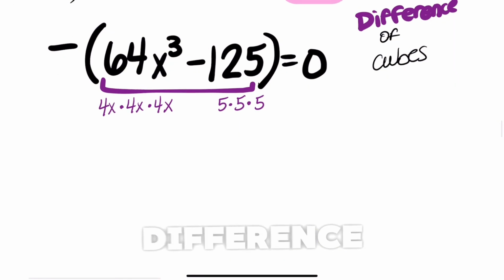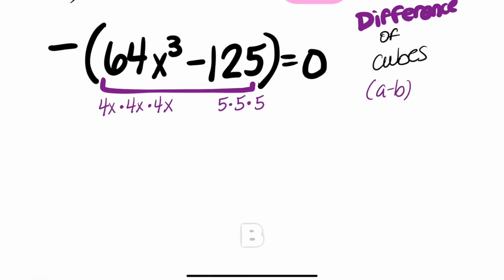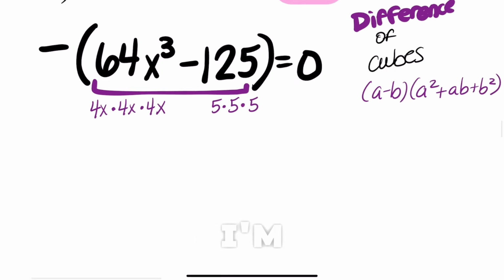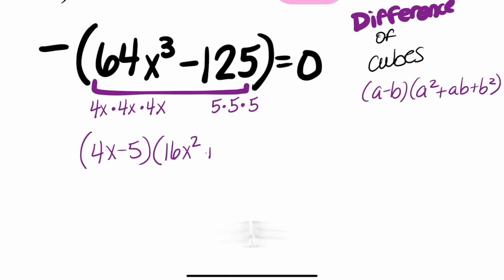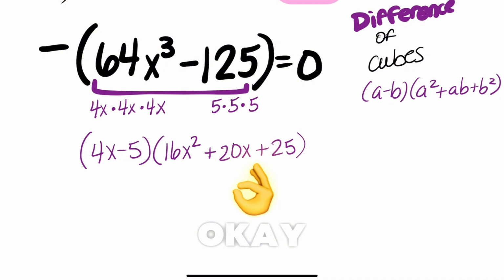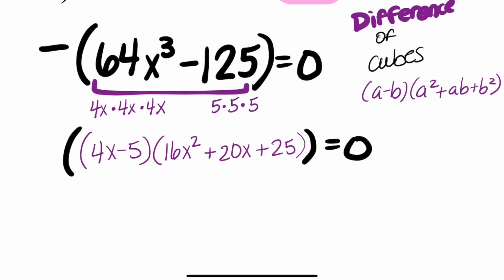Now, following the difference of cubes pattern, which is a minus b times a squared plus ab plus b squared, I'm simply going to factor this as 4x minus 5 times 16x squared plus 20x plus 25. Okay? And of course, outside, I still have the negative that I factored out in the beginning.